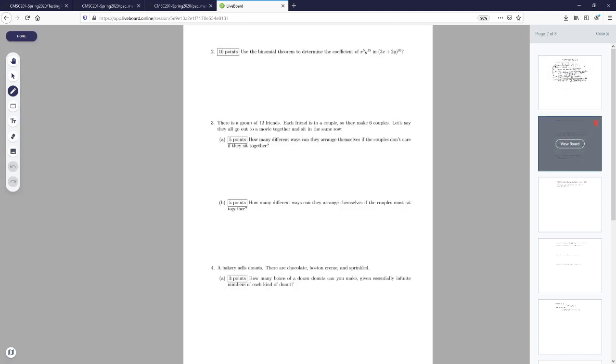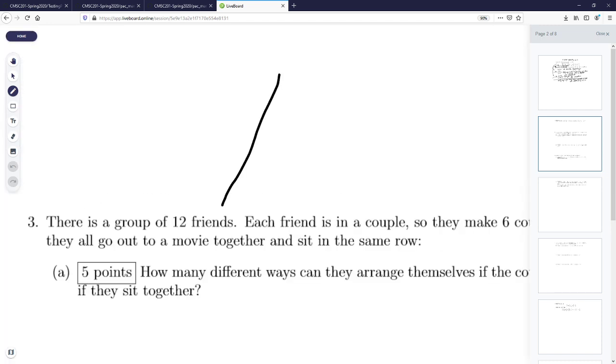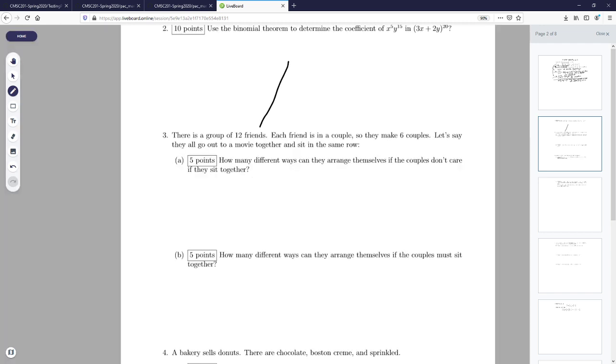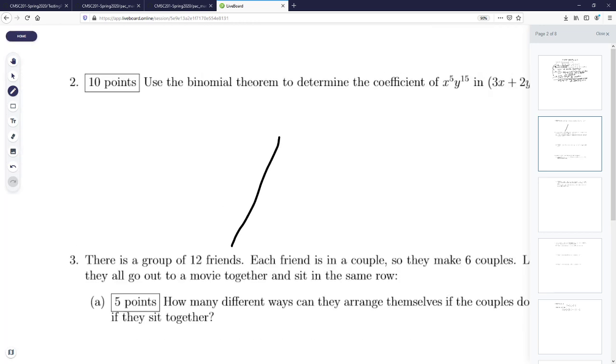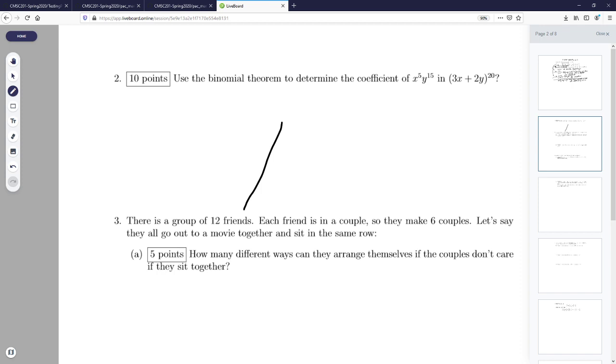Let's go to the next page and see what's here. So, oops. No one's asked about number 2, which means number 2 is very easy. And I agree. So maybe I won't spend much time on it.